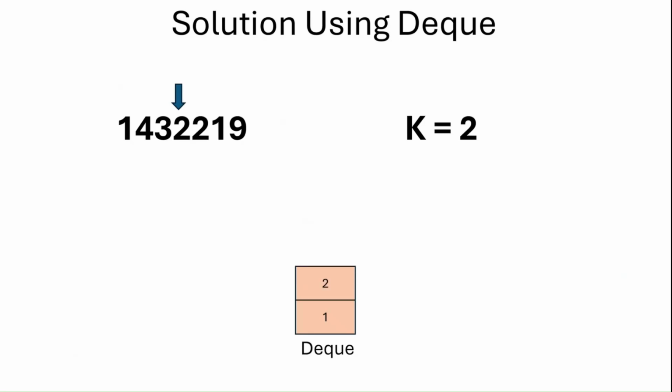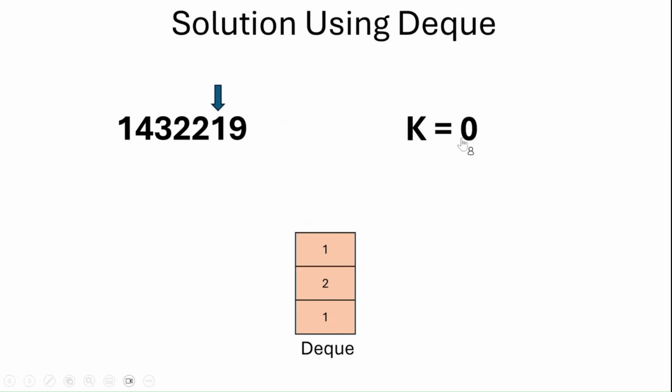Push, or enqueue, the 2 to the Deque. Decrement the k. Next digit is 2, which is not smaller than the previous digit 2. So enqueue it to the Deque. Now the current digit is 1, which is smaller than the previously visited digit. So we remove the previously visited digit and enqueue the 1.